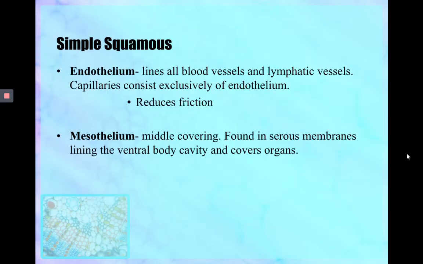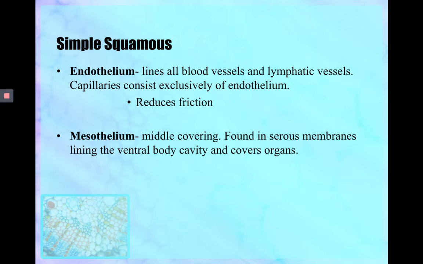Other words that we can use that still mean simple squamous epithelium are the terms endothelium and mesothelium. Now, if you use the term endothelium or mesothelium, you're not only saying what we're looking at is simple squamous epithelium, you're also giving a location.